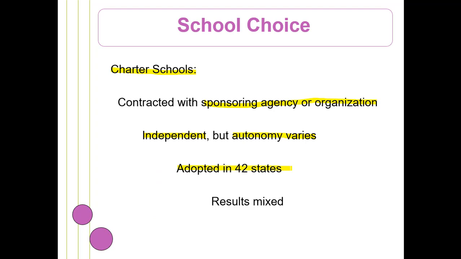There's 42 states that have forms of charter schools, but as we've seen, perhaps no surprise here, when it goes across the board, there is no consistent correlation that these charter schools are improving the quality of education any more than an inner city public school on average.